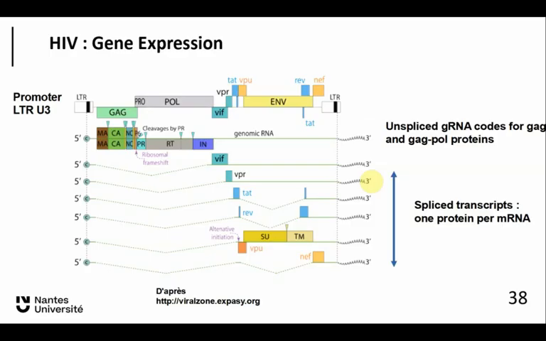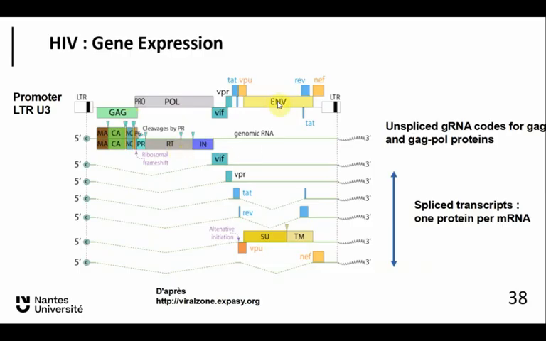How about gene expression? So here the example is the HIV-1 genome. Now, all retroviruses have got the same genome expression with 3 large open reading frames coding for GAG, POL, and ENV polyproteins.